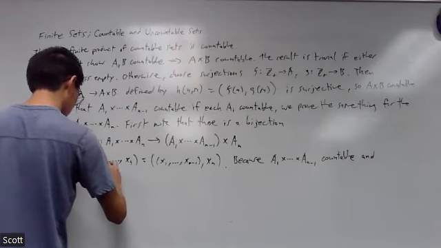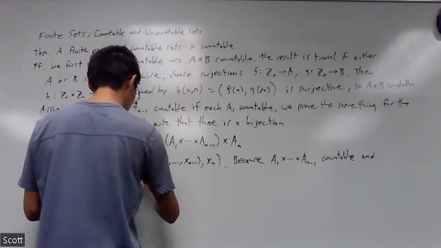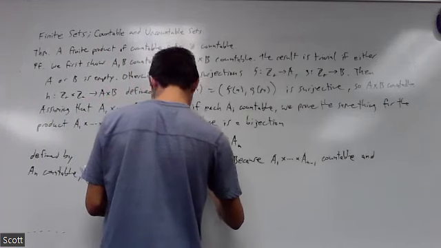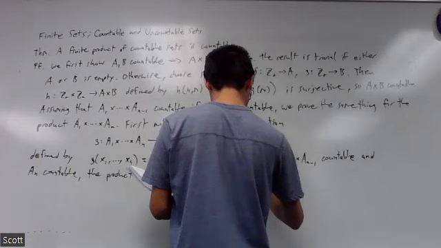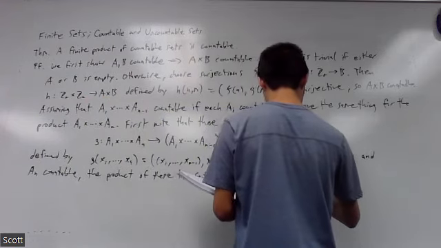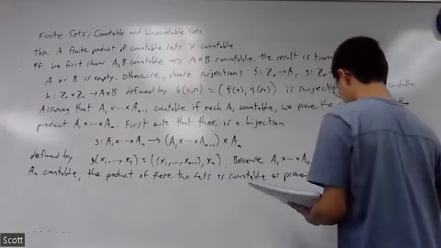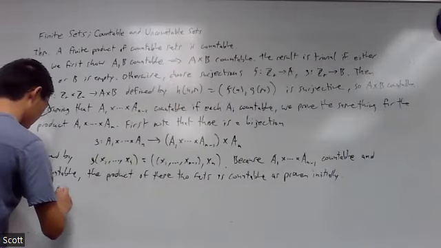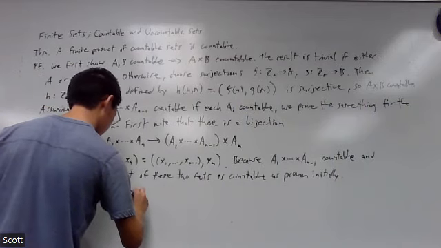Then the product of these two sets is countable, as proven initially. And so that gives that the whole thing through n is countable.